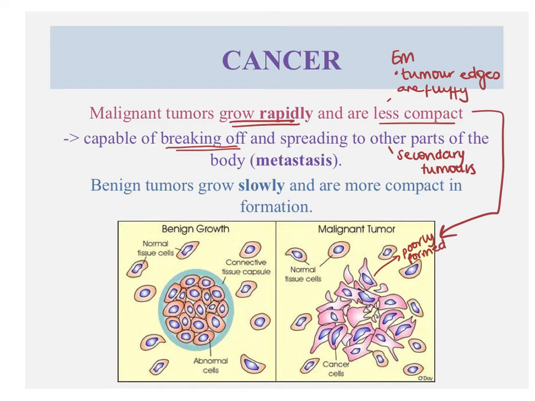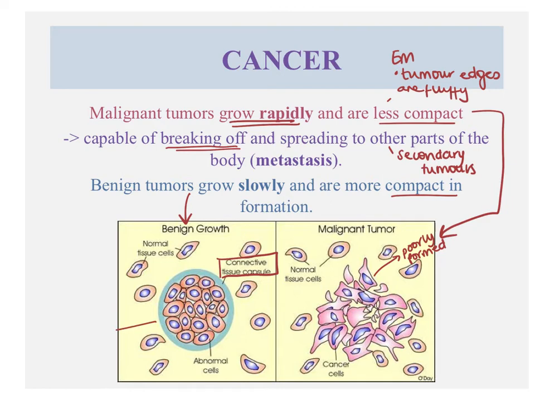Conversely, benign tumours are slow growing. So they might just be felt as a lump that develops over a long period of time. And they're more compact in formation. So they're actually a ball of these poorly dividing cells enveloped or contained by a connective tissue capsule.